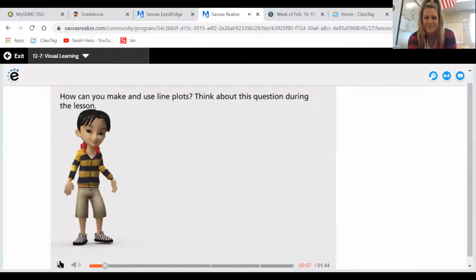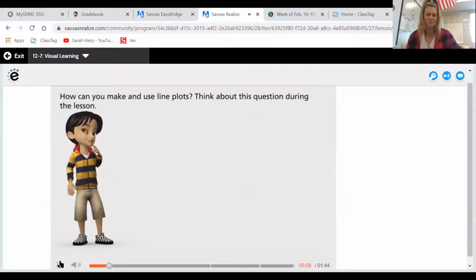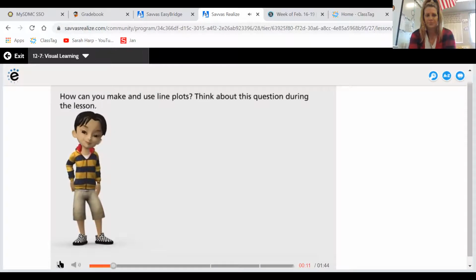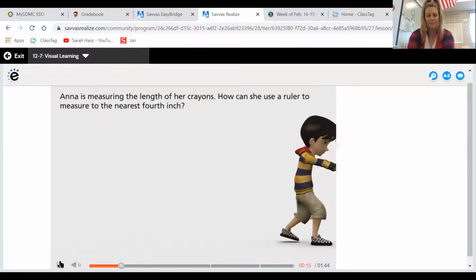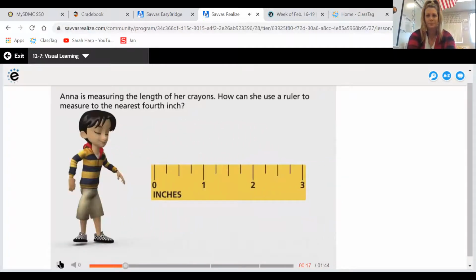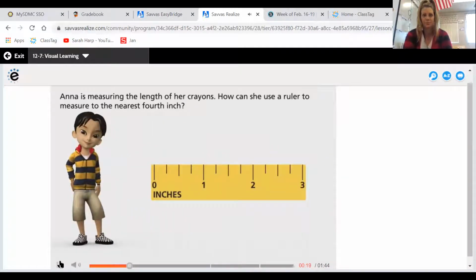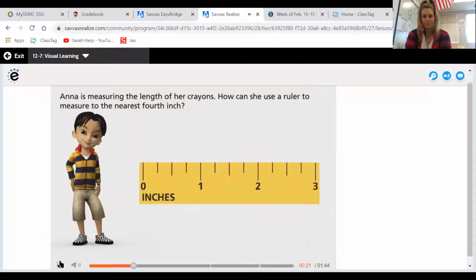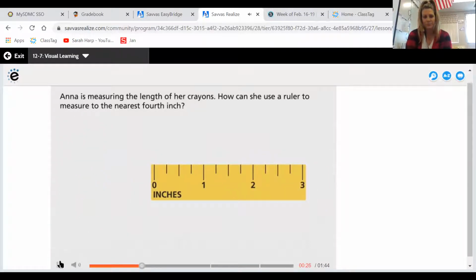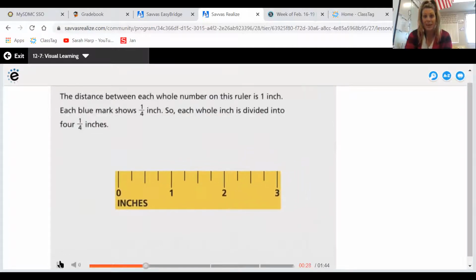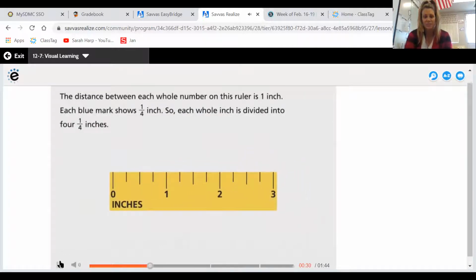How can you make and use line plots? Think about this question during the lesson. Anna is measuring the length of her crayons. How can she use a ruler to measure to the nearest fourth inch? Think about it: the distance between each whole number on this ruler is 1 inch.